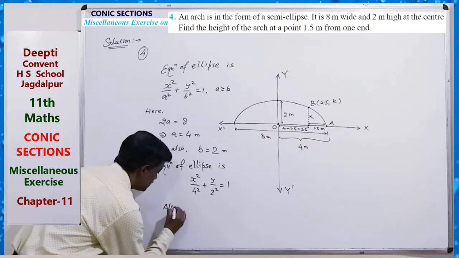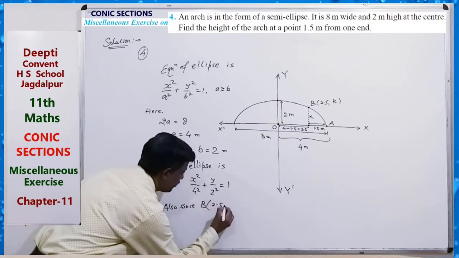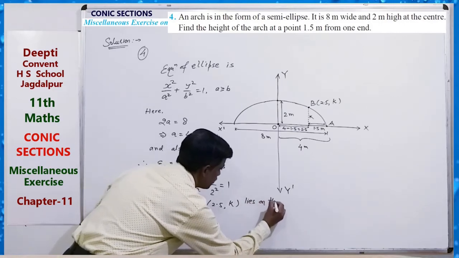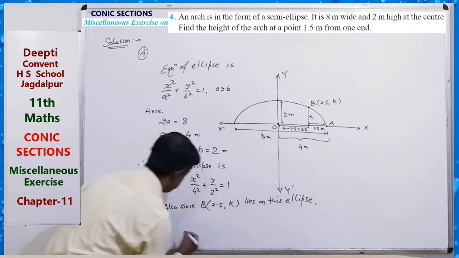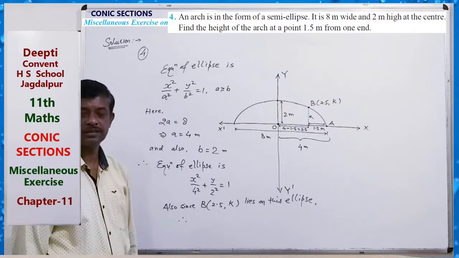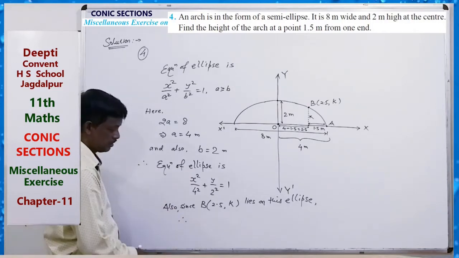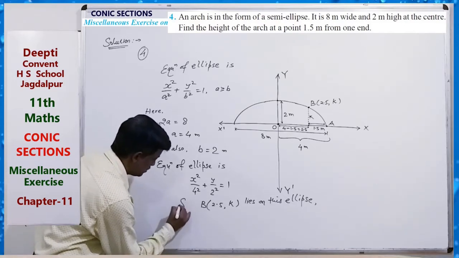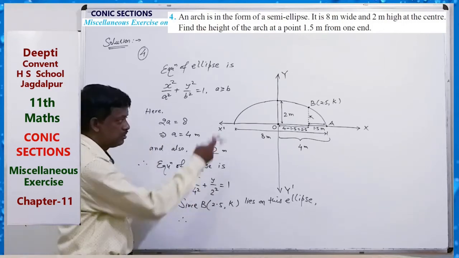Also, since the point 2.5, k lies on this ellipse, it will satisfy this equation.